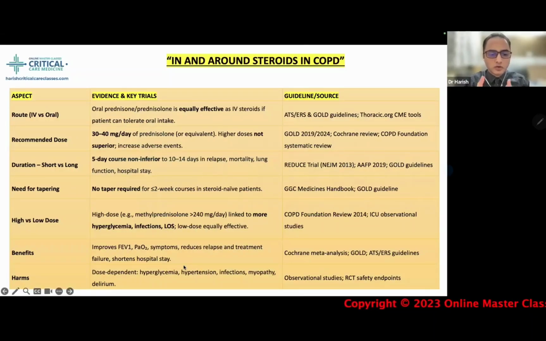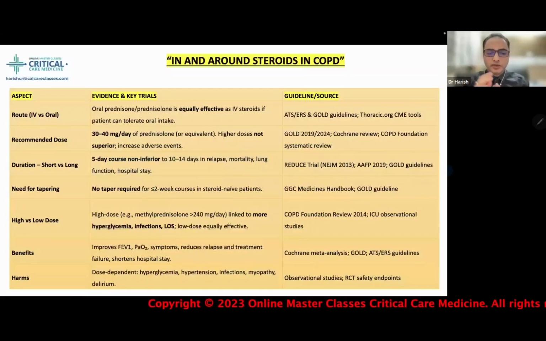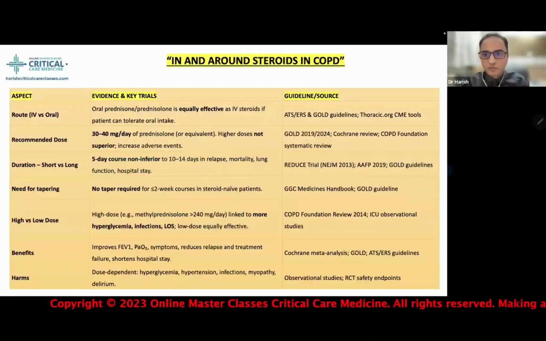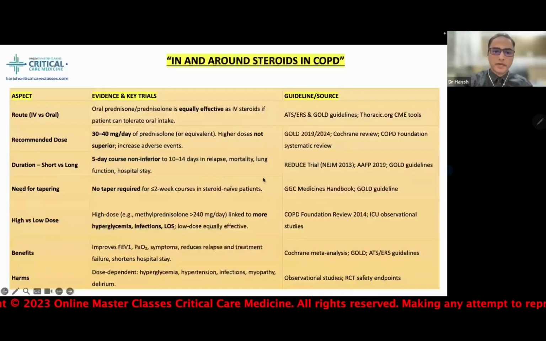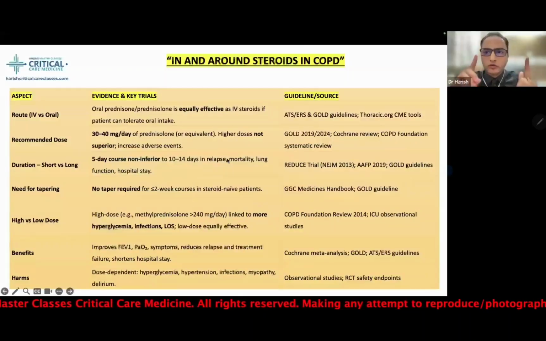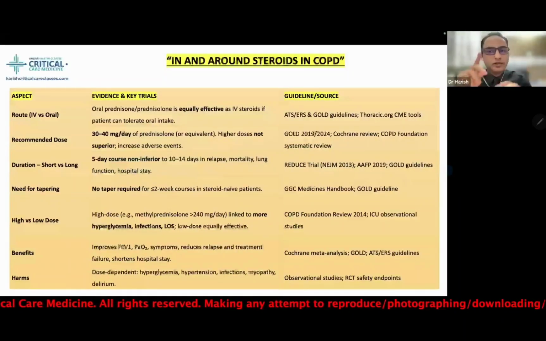High dose keeps increasing the incidence of hyperglycemia, infection, myopathy, delirium. No need to go for the high dose. So this is the comprehensive slide which gives everything in and around the steroid in COPD.